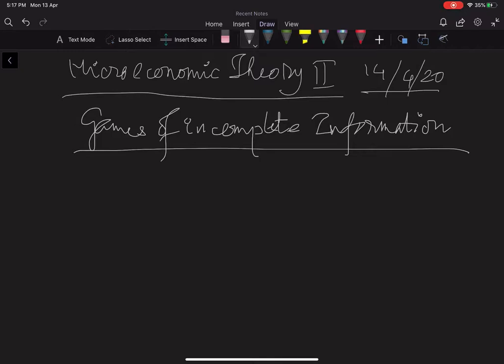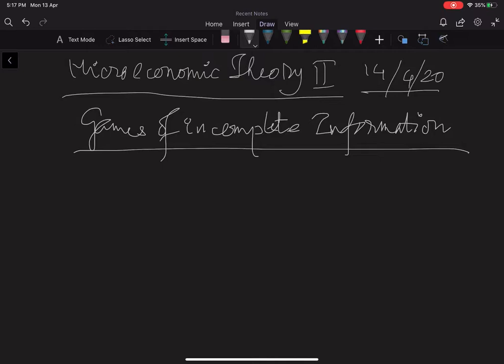So if the player could know which node they were sitting in, they would know exactly what payoff will materialize, not just for the player himself but also for all the other players, right? So the payoff matrix, so to speak, or the payoff consequences of all possible strategies of all players were common knowledge across all the players, right?